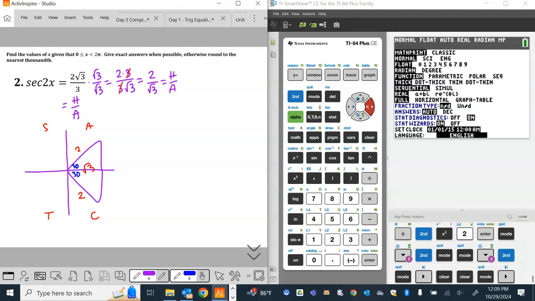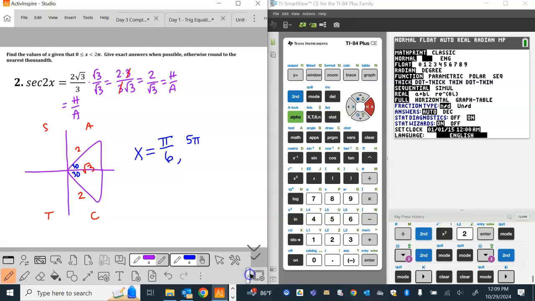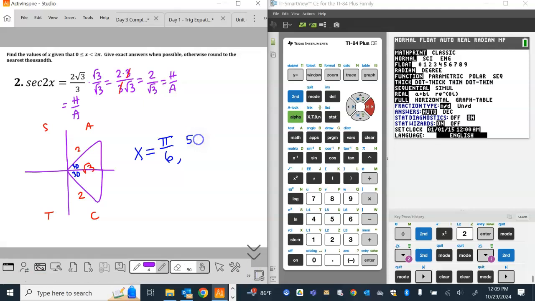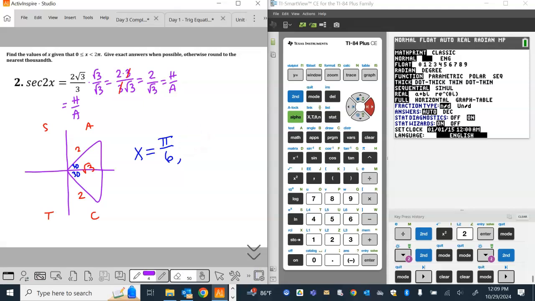Okay, so let's think about what are my answers for x if that's 30. One would be pi over 6. And then the other would be all the way around into the 4th quadrant. So that would be 5 pi over 6. Oh, sorry, that's wrong. That would be 7 pi over 6.